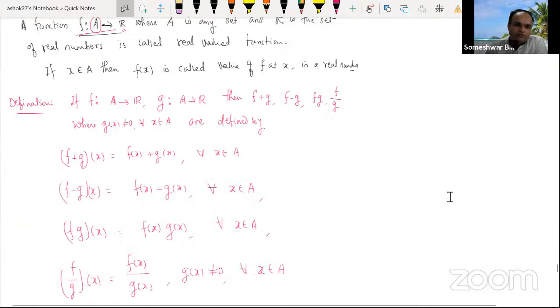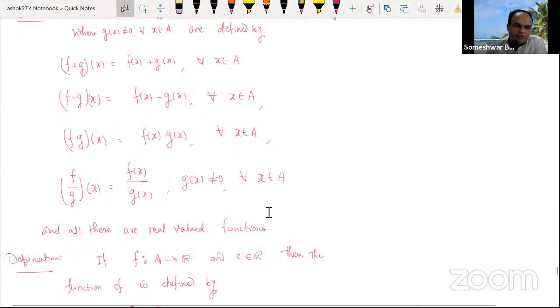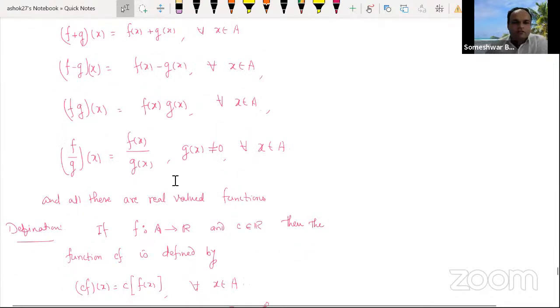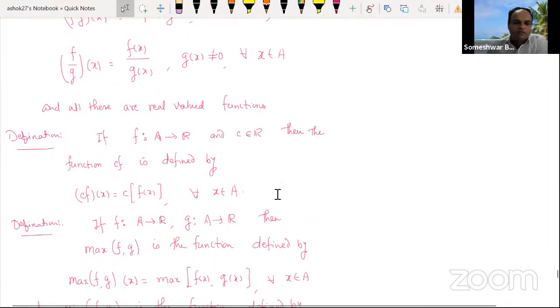Then we saw some operations on real valued functions: addition, subtraction, multiplication, and division. After that, we saw how to multiply a constant to a function, which is called a scalar multiple.